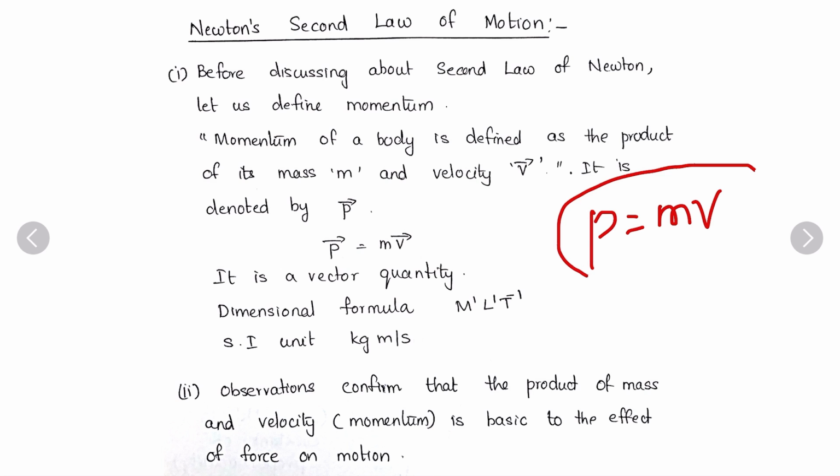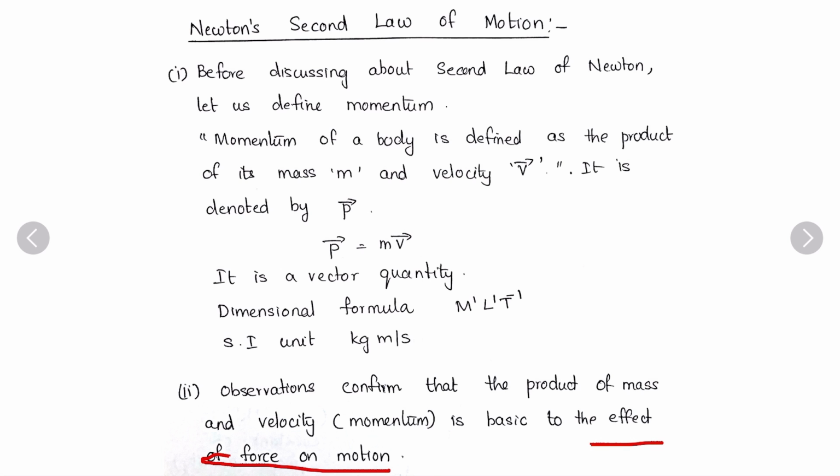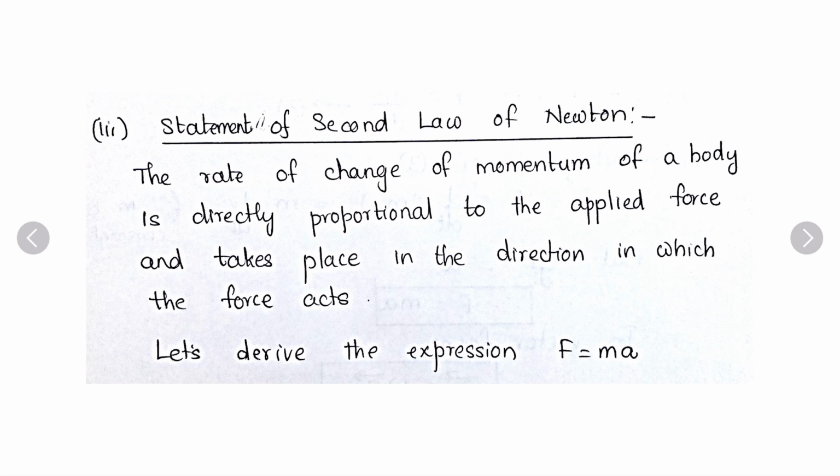So whenever force is working on an object, we can clearly see the momentum in the object. Effect of force means when force works on a body, we can definitely see the momentum in the body. Now let us go to our Newton's second law statement.